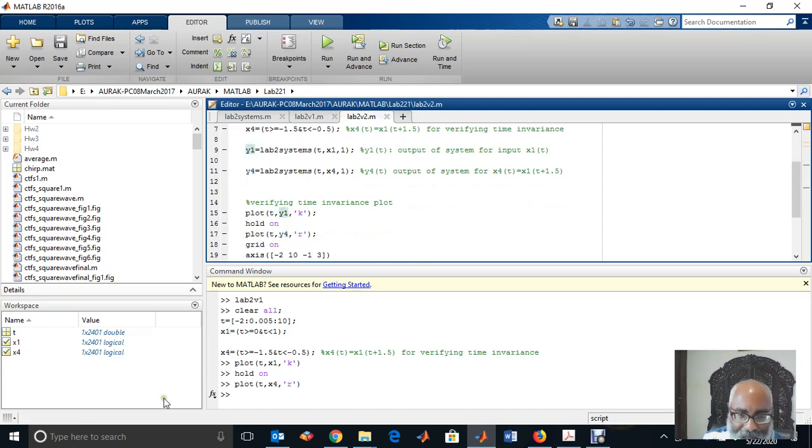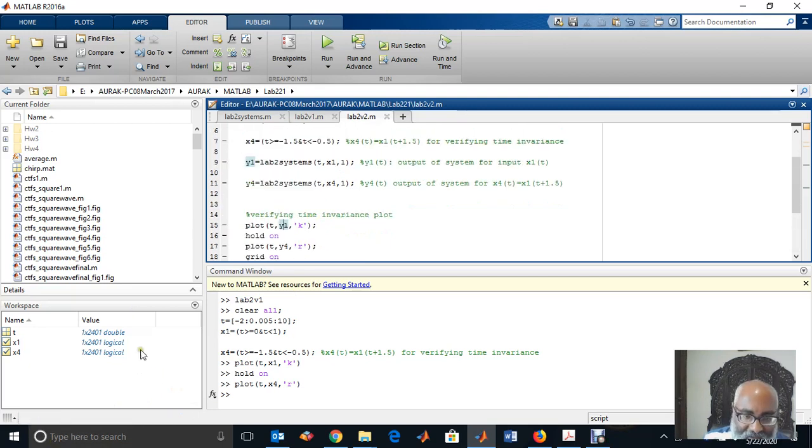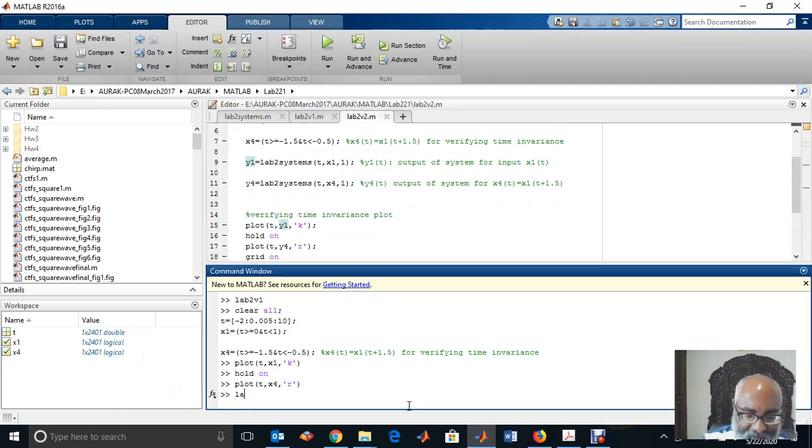That should be the case. So let me call this script file lab2v2. Run it. It's running now.